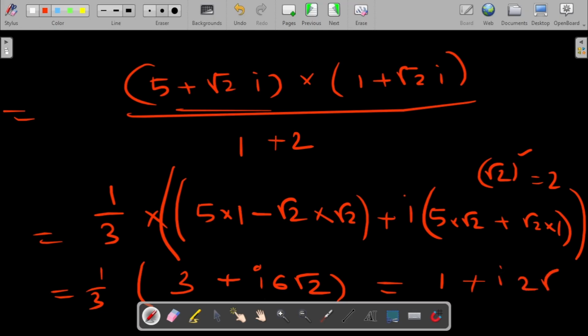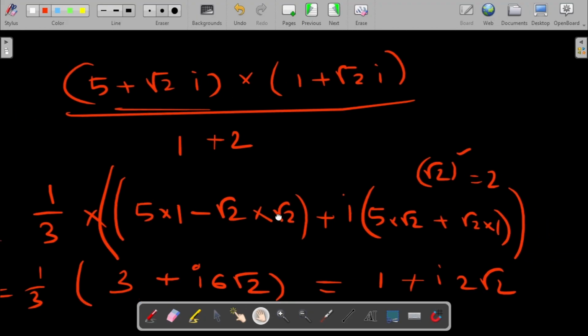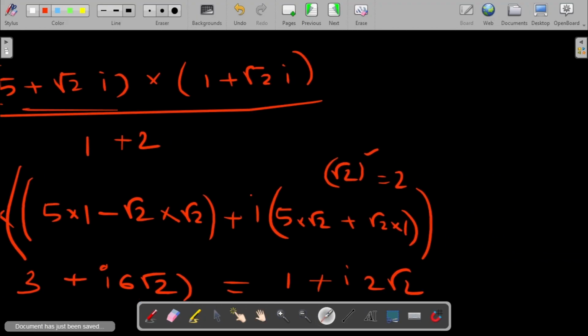So i times 2 square root of 2. Understood? Now this is in the form a plus ib. Here a is 1 and b is what? B is 2 root 2, and this is in the form a plus ib.